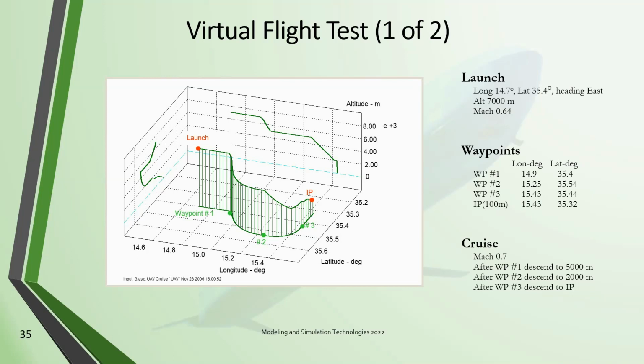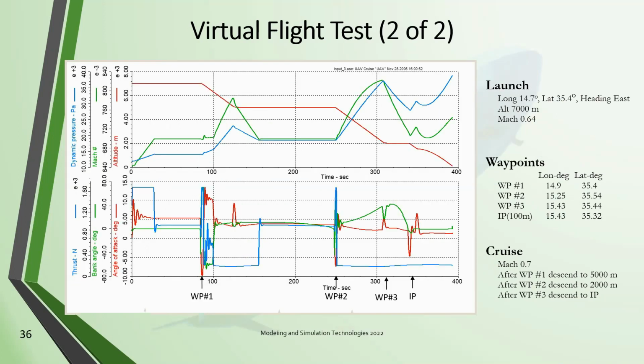So the students would use this trajectory to demonstrate to me and to the other teams how well their design performs. And they will show a plot like this here, which is now that same trajectory against time.